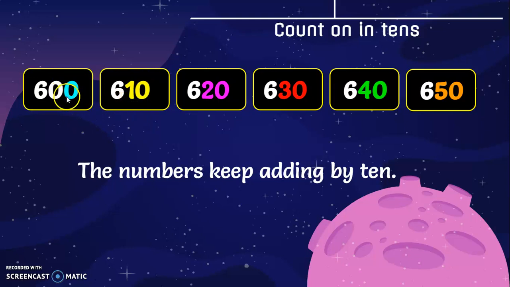Did you see here, from 0 plus 10, we will get 10. 10 plus 10, we will get 20. 20 plus 10, you got 30. 30 plus 10, you will have 40. And 40 plus 10, you will have 50. Thus, this number sequence is count on in tens, and the numbers keep adding by 10.